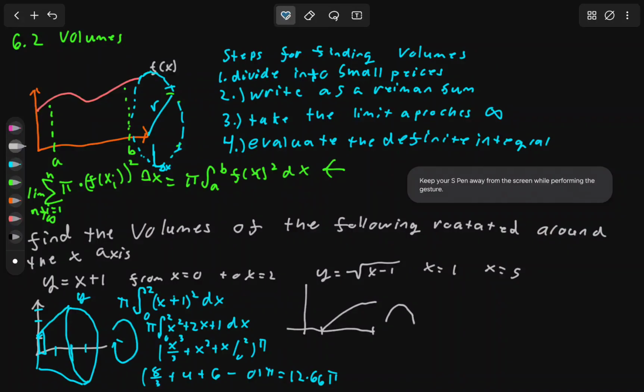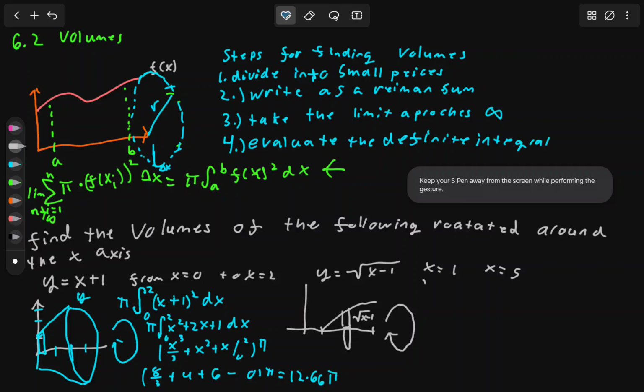We're going to rotate this curve around the x-axis. Again, we're going to draw in these little circles here. It's going to have a radius of the square root of x minus 1, and a change in width of change in x.